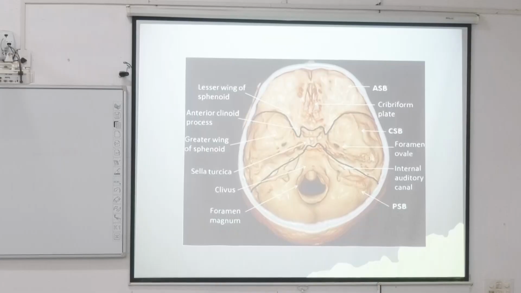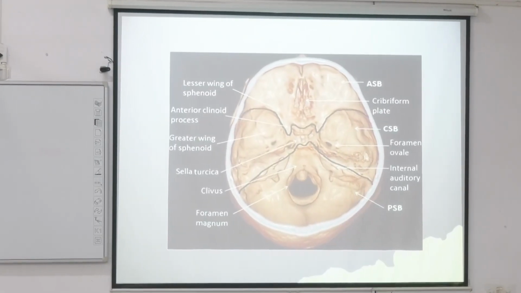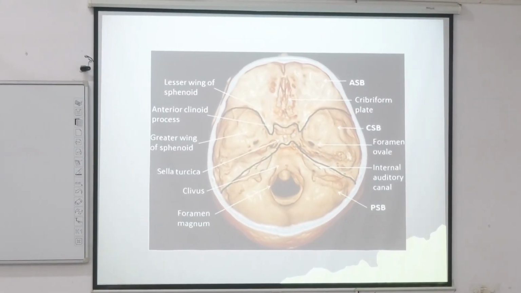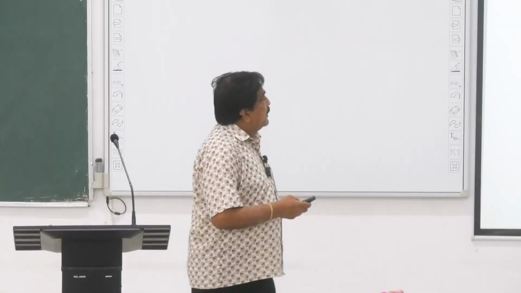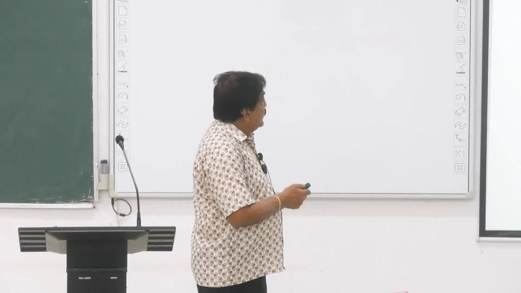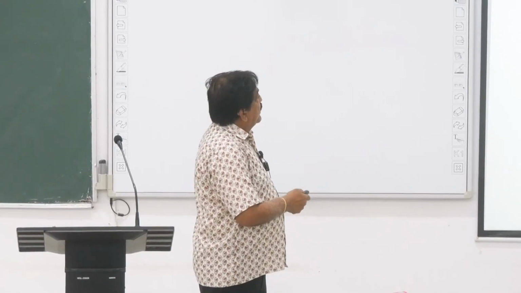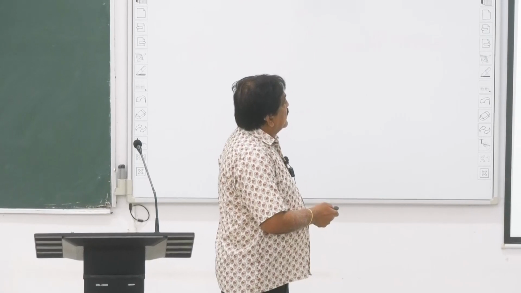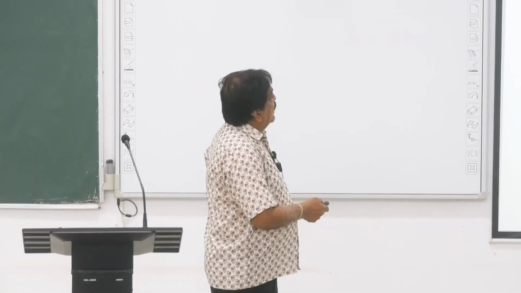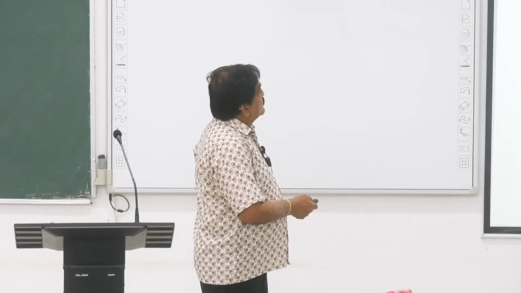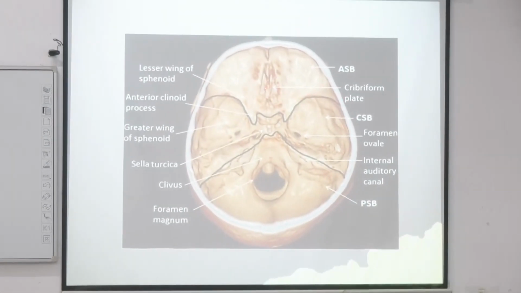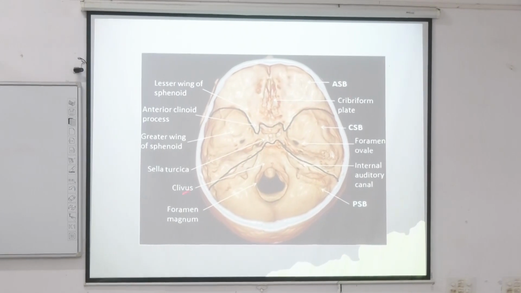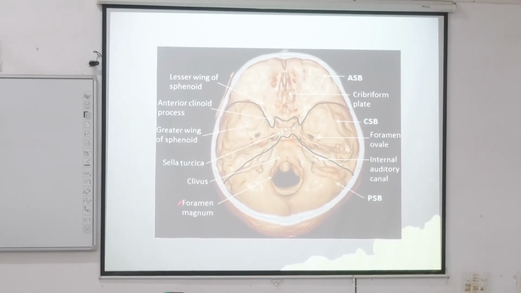And the skull comprises of the bones. Now this is the picture of the base of the skull. This is the lesser wing of sphenoid, this is the greater wing of sphenoid, anterior clinoid process, the posterior clinoid process, the foramen ovale, and these are the pterygoid plates, foramen magnum.